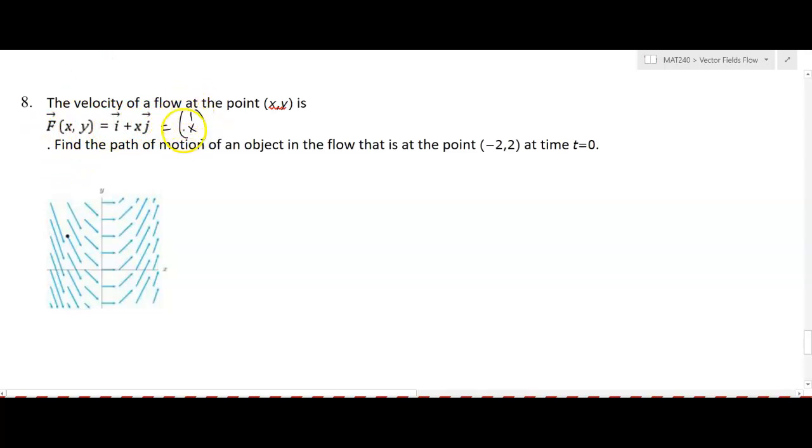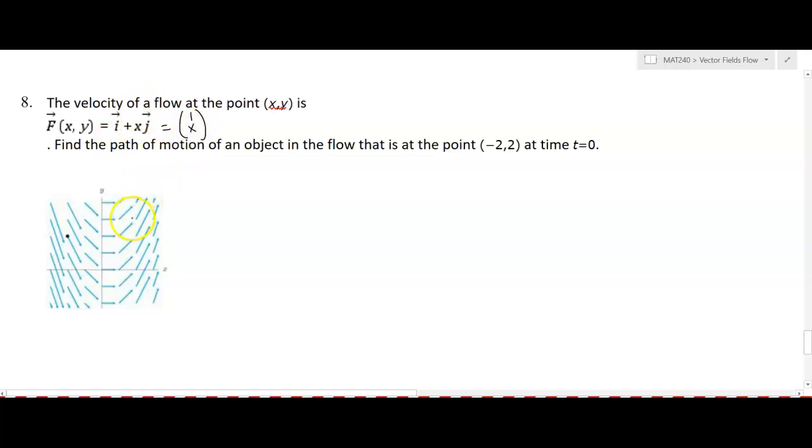So what this tells me is that at any point, the vector itself is going to only depend on the x value that I'm at. The x component will always point 1 unit to the right. The y component of that vector will be whatever my x is coming into that function.